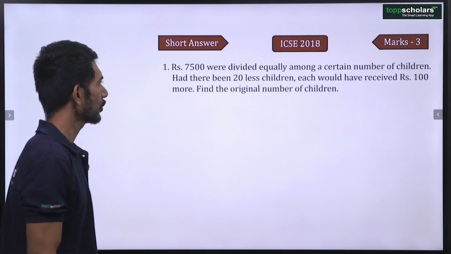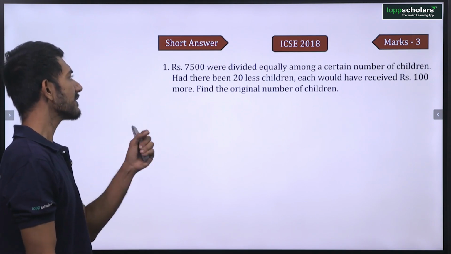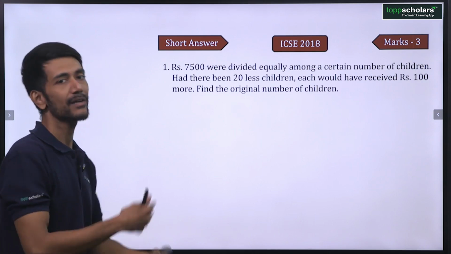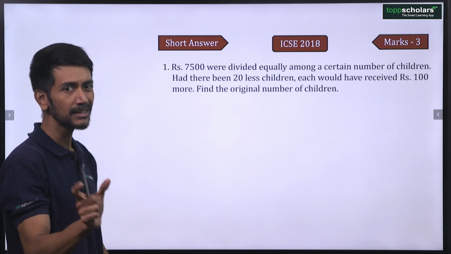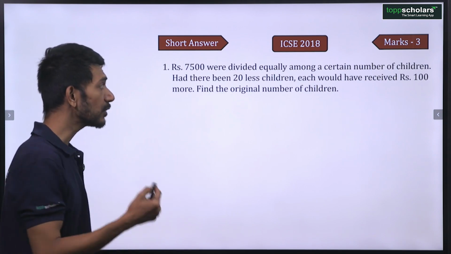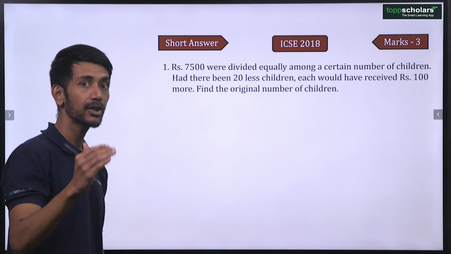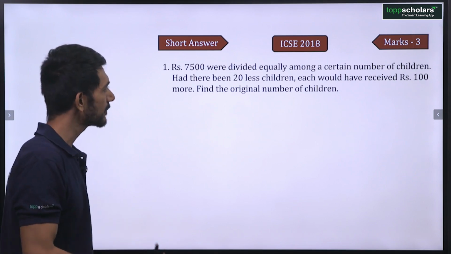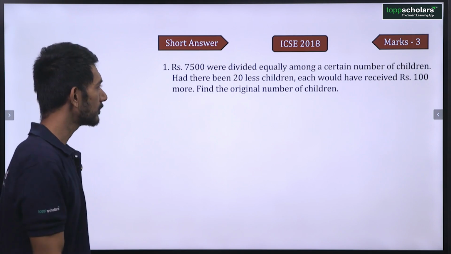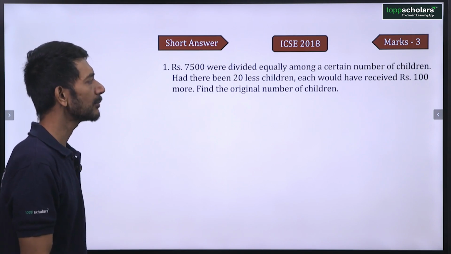Okay, so the question says rupees 7,500 were divided equally among a certain number of children. How many children we don't know. Had there been 20 children less, each would have received 100 rupees more. Find the original number of children.